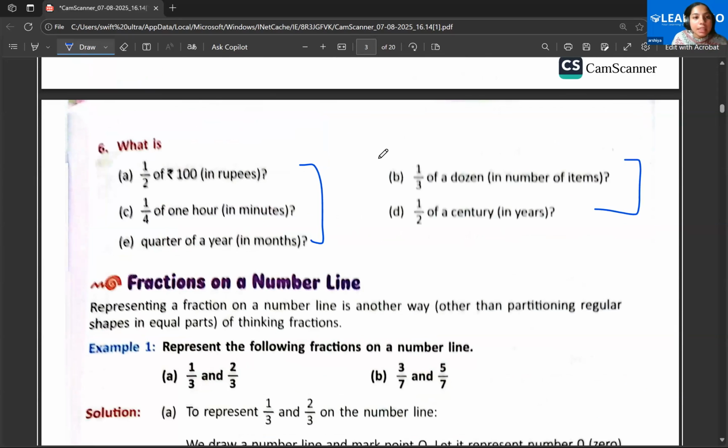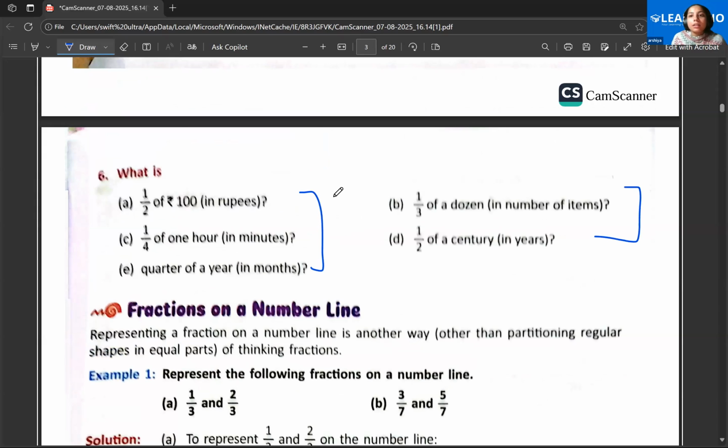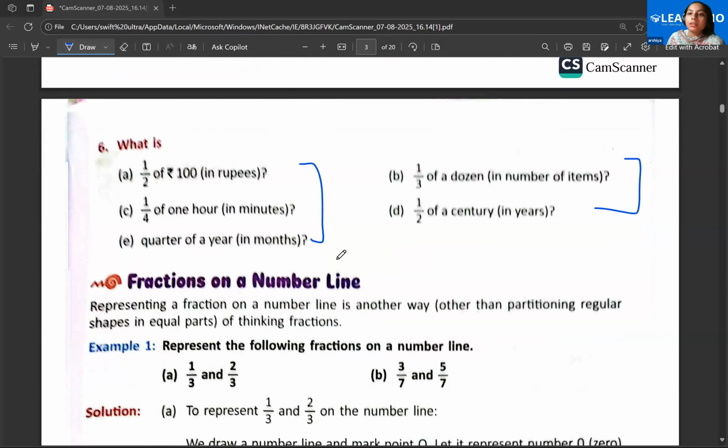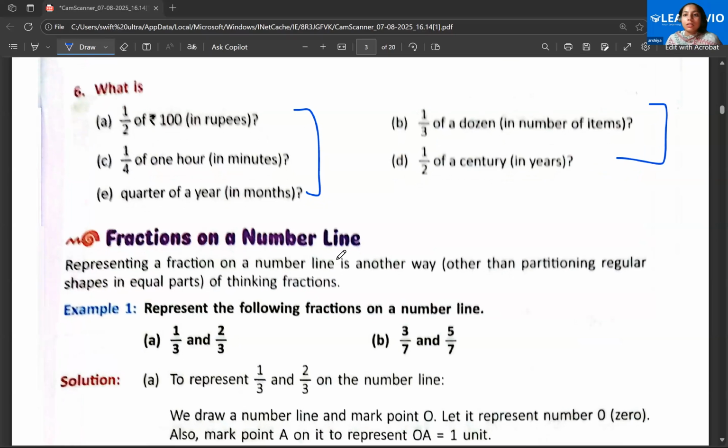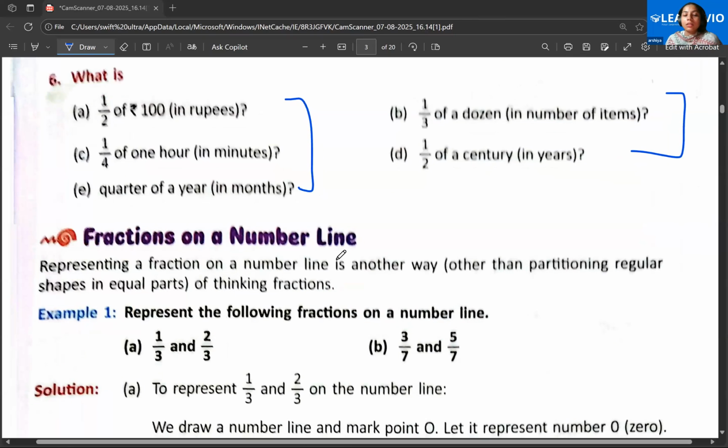Give it a try after this class, solve these and then tell me if you have a doubt or not. Can I do it some days after, because I need to do a lot of my holiday homework? Okay, sure.